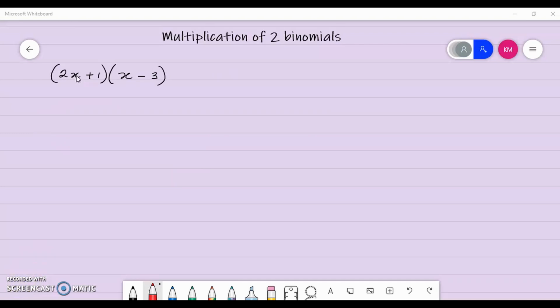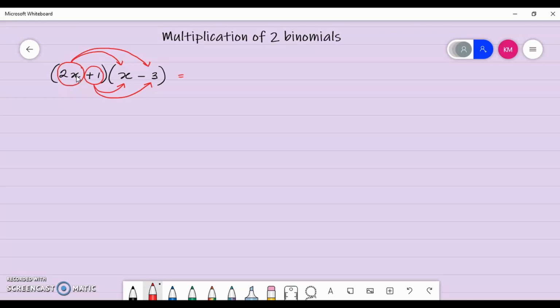Here we have 2x plus 1 multiplied by x subtract 3. So I take that first term and I make sure I multiply it by each one of those terms in my second binomial. Then I will take that second term and multiply it by each one of those terms.